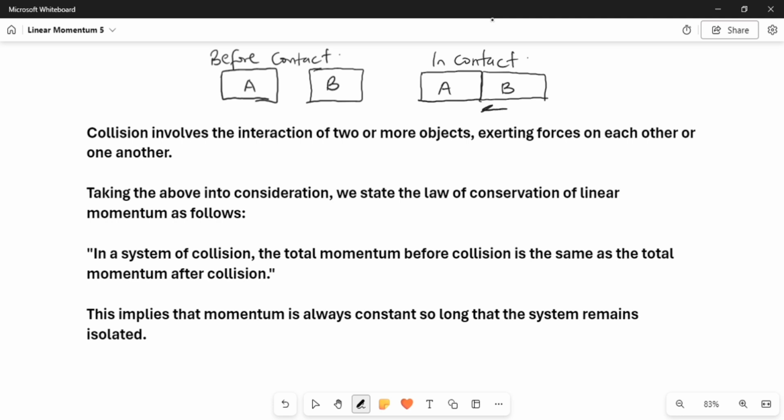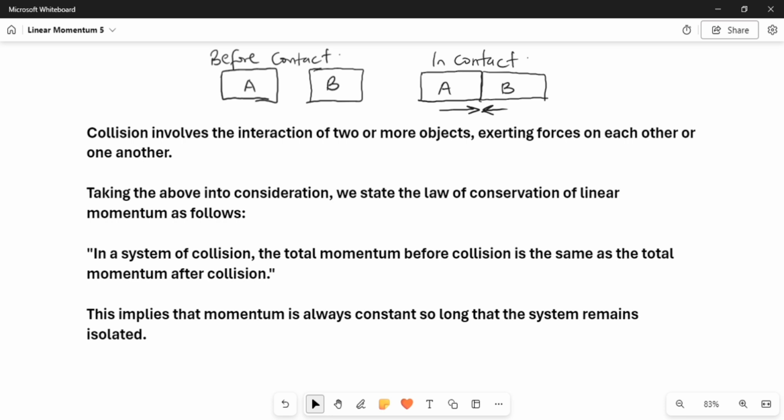B is exerting a force on A, and A is also exerting a force on B. So with this concept, we can define collision as the interaction of two or more objects exerting forces on each other or one another. If there are more than two, we say one another. If there are two, we just say each other.